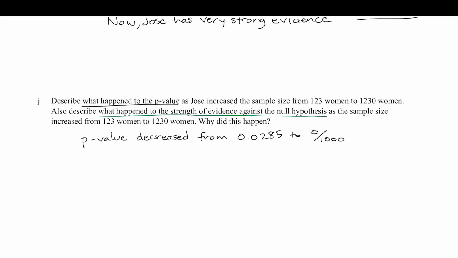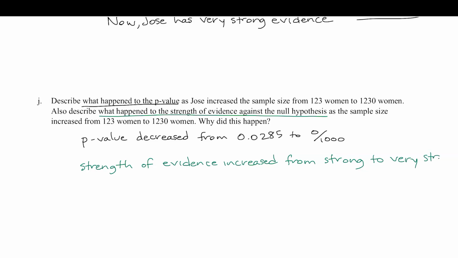And then describe what happened to the strength of evidence against the null hypothesis. The strength of evidence increased, got stronger, from strong to very strong.